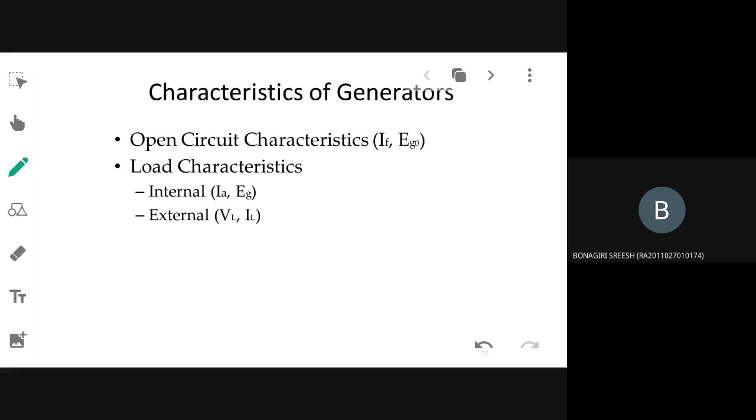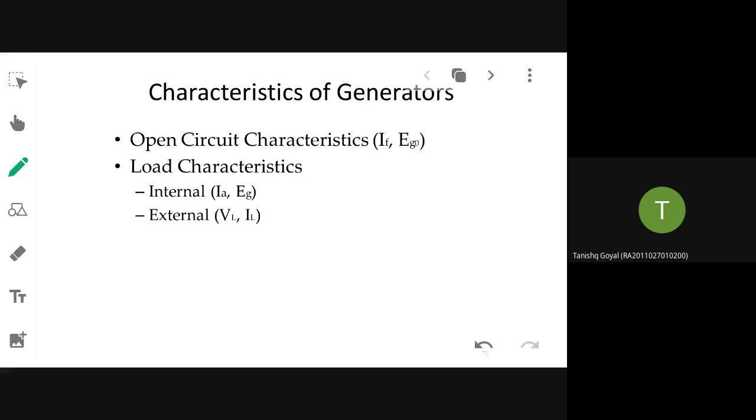Okay, we'll begin the class for today. Are you able to hear me? Yes, ma'am. Okay, so we will finish the left out topics in unit 2. We have already learnt in our last class the different characteristics of a DC motor. What are the various characteristics that we have discussed for the DC motor?